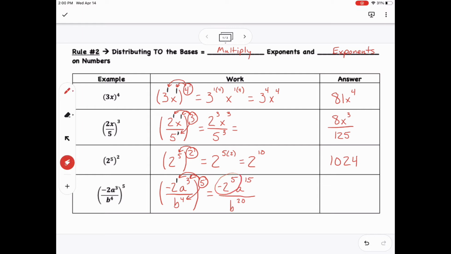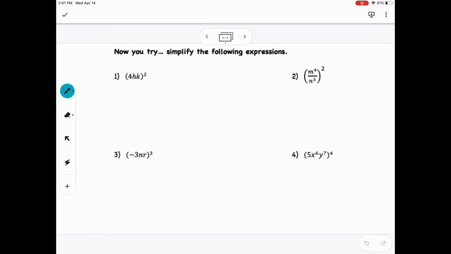Now here, one thing to remember for the negative 2 to the 5th, it's both the negative and the actual number. So negative 2 is being multiplied 5 times to itself to get us negative 32. That's a key thing to remember when it's an even exponent, just to keep in mind because it'll make that number positive.